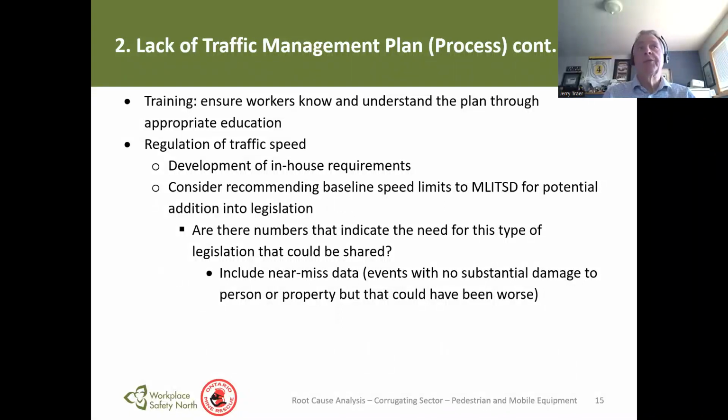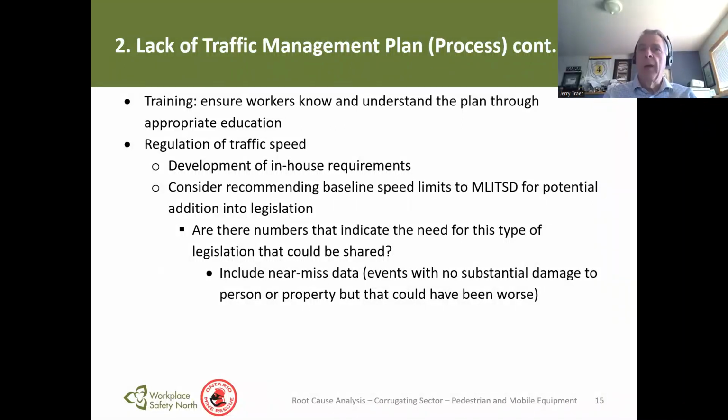We also got into training to ensure workers know and understand the plan through appropriate education. We talked a lot about the regulation of traffic speed, development of in-house requirements. We even spoke about considering baseline limits from the Ontario Regulatory Group for addition into legislation. We do see this even in transport trucks now on major roads, where they've had limits to the speed.